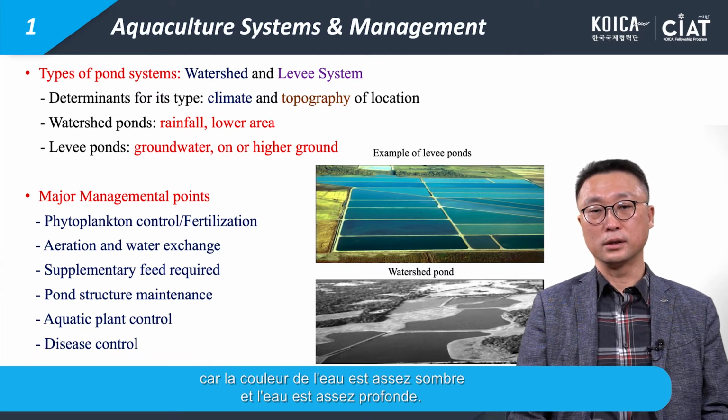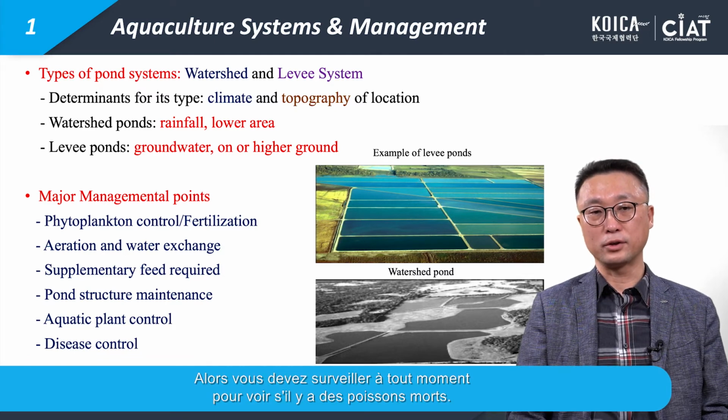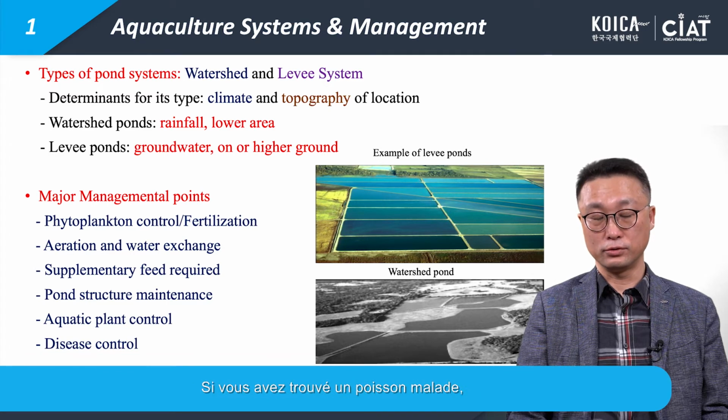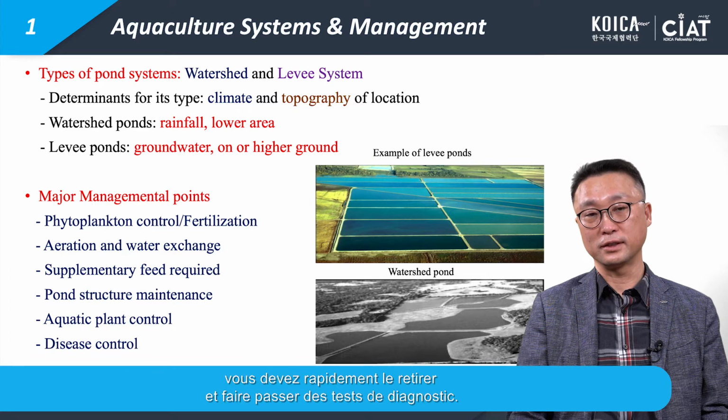But you have to make sure you watch out all the time for any dead fish in the pond, and you should check each time you find a sick fish. You take the fish out of the pond and then do a disease examination regularly.